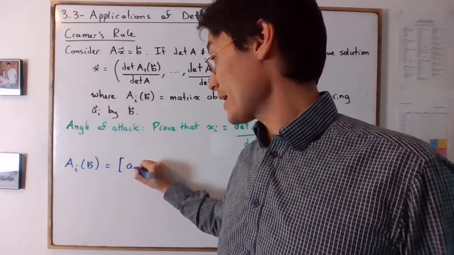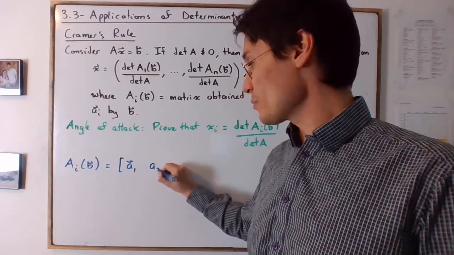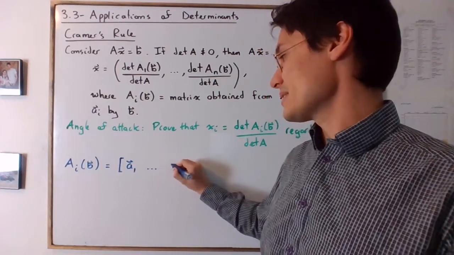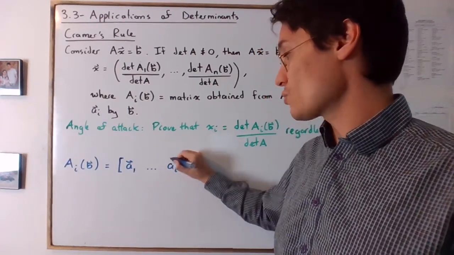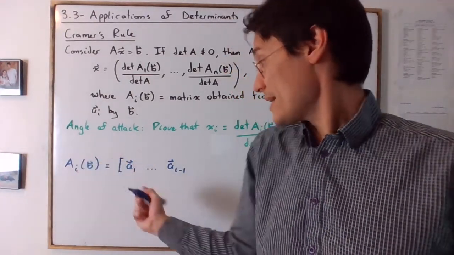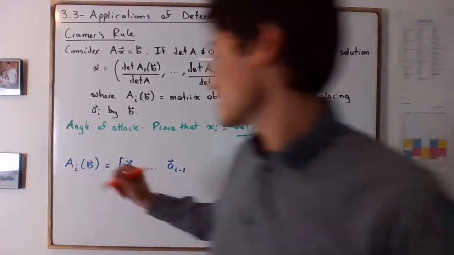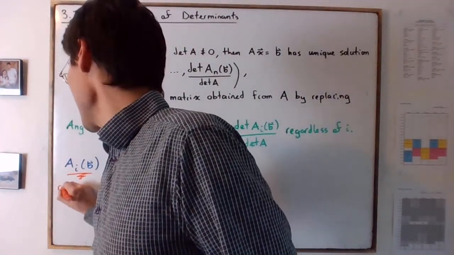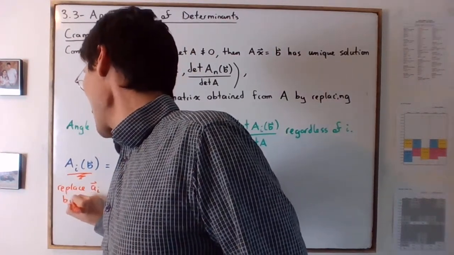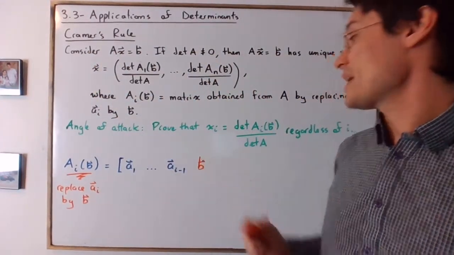Writing it as a bunch of columns, it will be A1, and so on up to A(i-1), and then, as I said, we replace Ai by B. So this is the column that goes here.